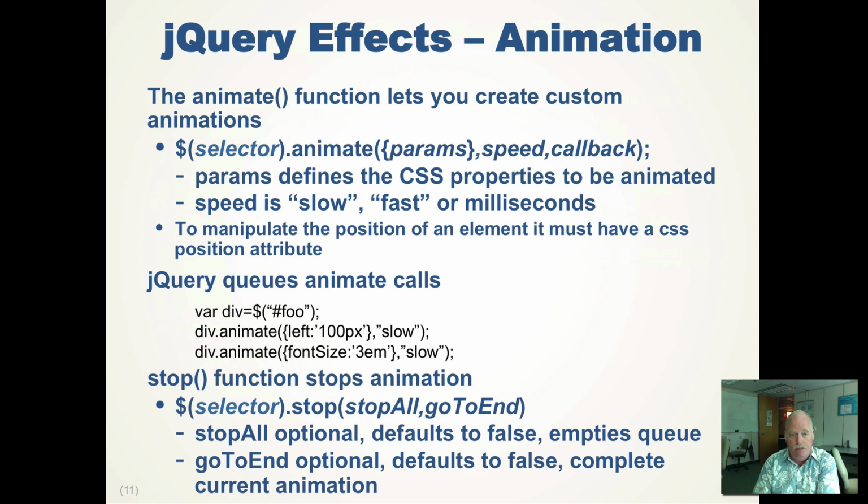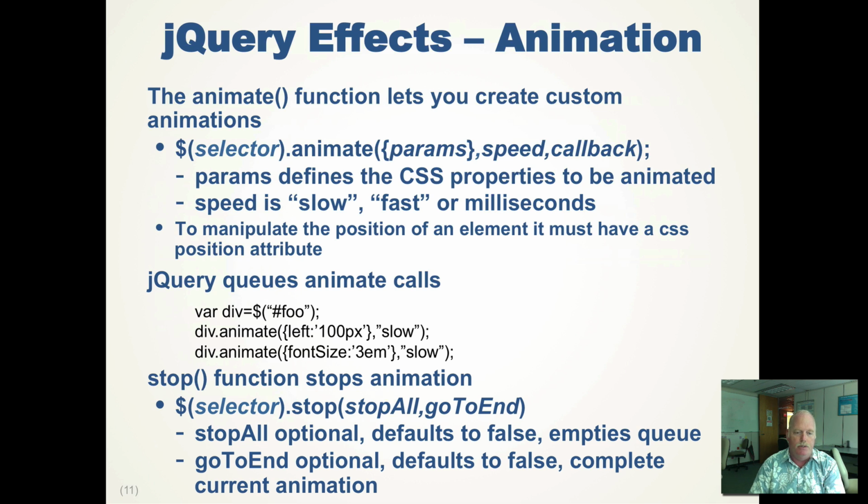There's a general animation. You can use the animate function, and then you set the parameters to tell what the animation is. Again, you supply a speed, fast or slow, or milliseconds, how long do you want this animation to take, and then a callback to be called when it completes.